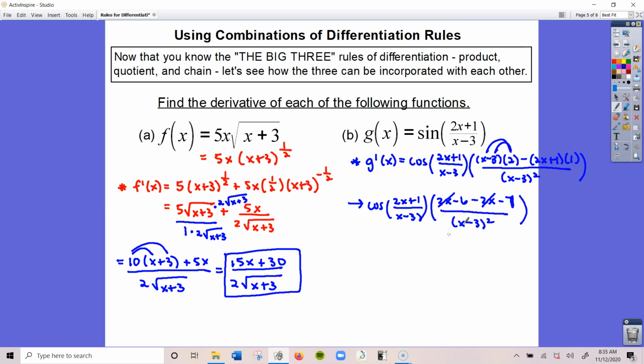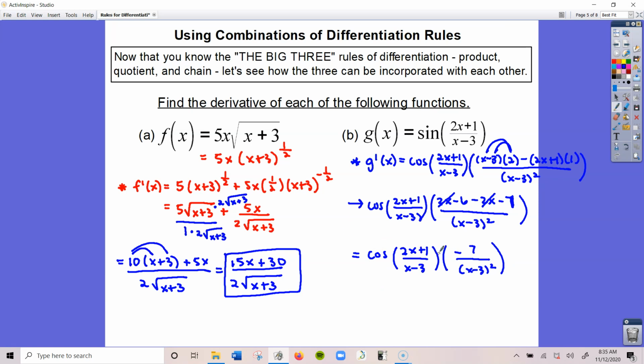These two x's cancel, and then negative 6 minus 1 is negative 7. So our final answer would be cosine of 2x plus 1 over x minus 3 times negative 7 over x minus 3 squared. And that's it. This would be my answer.